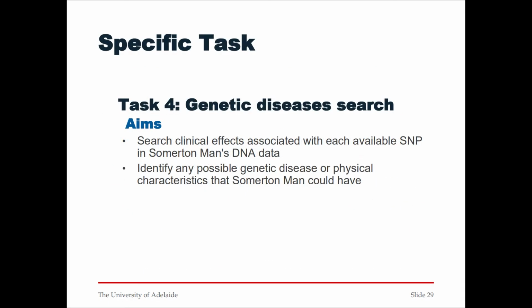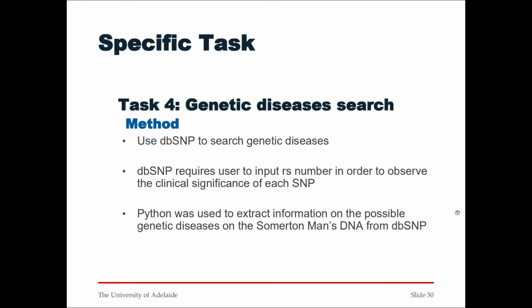Then it comes to the last task. We will work on searching for any genetic diseases associated with Somerton Man's DNA. This task used a public genetic database called dbSNP.